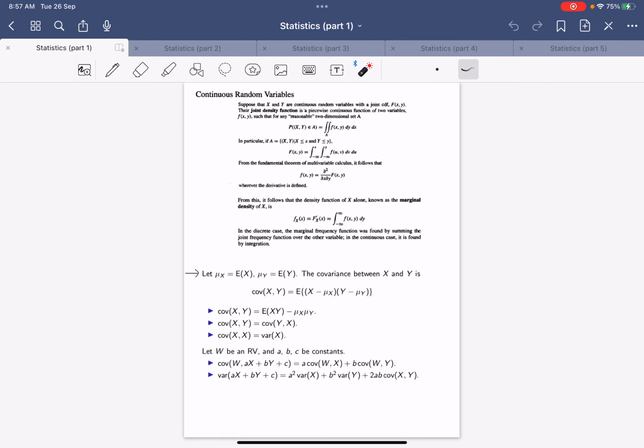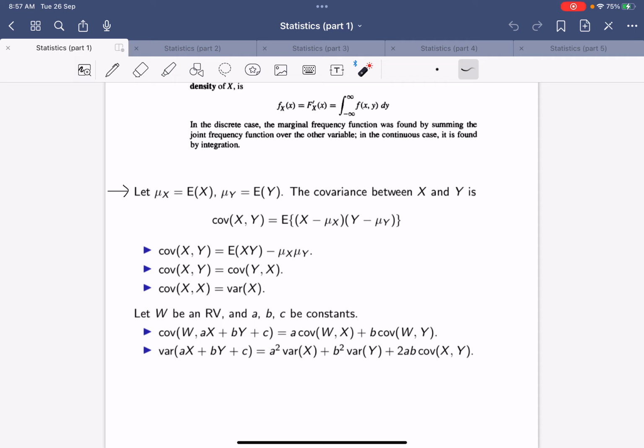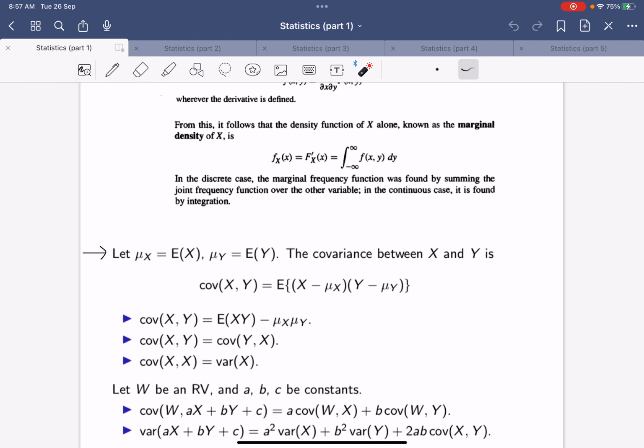Another thing we like to note is that we know how to calculate the variance and the expectations. The thing we have to note now is the covariance between X and Y. It's like how the spread relates between X and Y. This covariance is the expectation of (X minus mu_X) times (Y minus mu_Y).